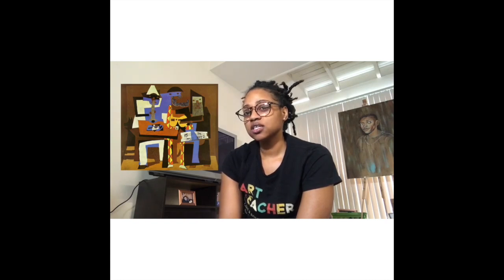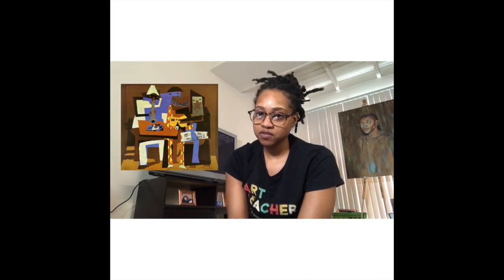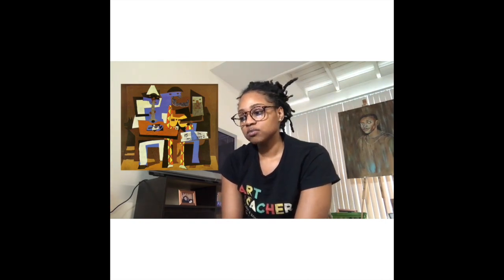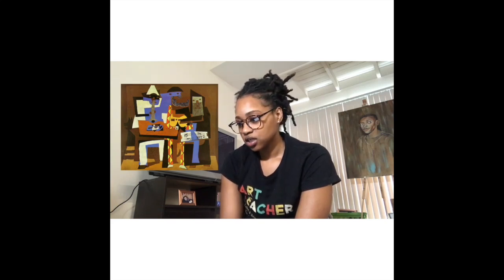And I also see that some of these geometric shapes have been distorted. Remember I gave you a definition of what distorted means? When something is pulled and stretched. So if you look at some of these figures, they look like they've been pulled and stretched to create a sort of movement in the picture. Because if he had musicians that were just standing straight up holding their instruments, would it look like they're playing their instruments? No, so he wanted to move their heads a little bit, stretch it out, make it seem like they were jamming to their music.